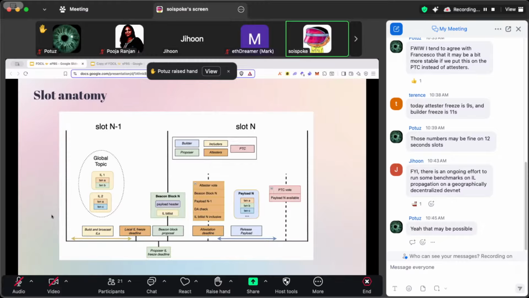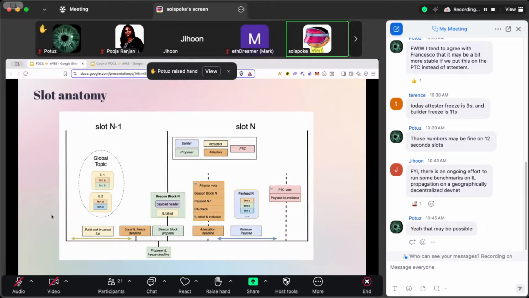My guess is broadcasting ILs, the propagation time for 16 small objects, should be fast, hopefully. Maybe we'll need to adjust the P2P network for this, but at least with 12-second slot times, we have so much room. And then yes, you have all these deadlines you basically need to tune.